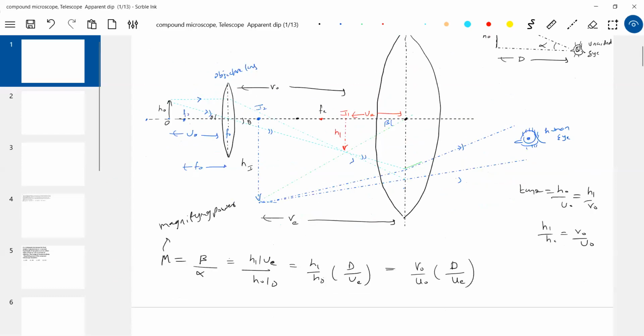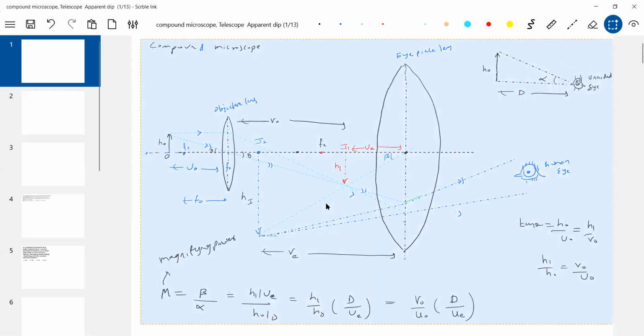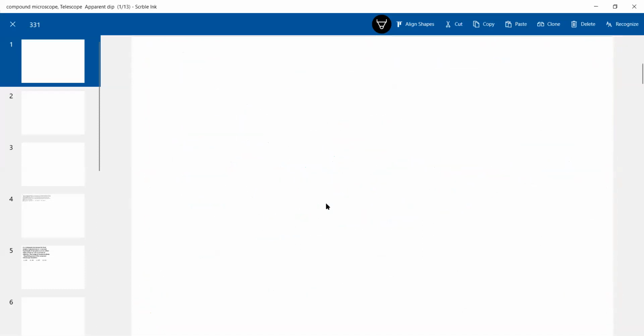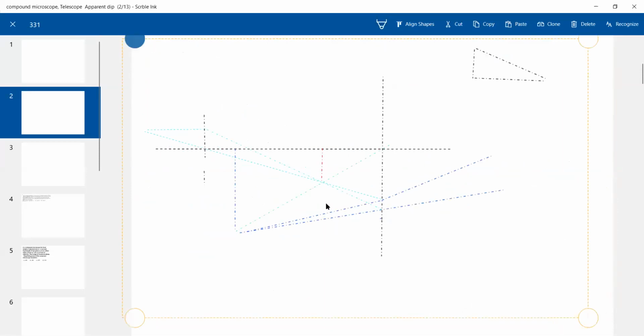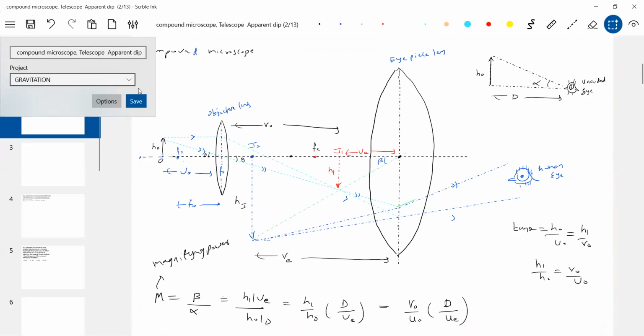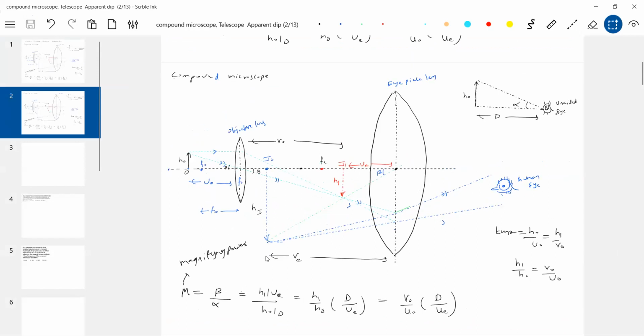What will be the magnifying power? I'll take the same diagram. Okay, I'll write this capital D. So now, for the compound microscope, what is the condition?